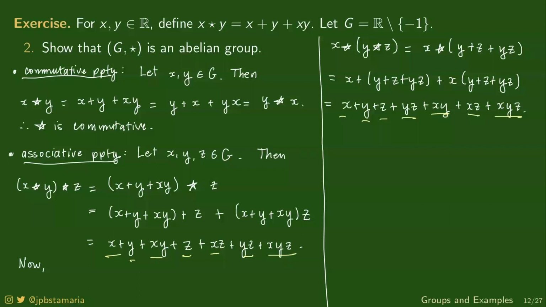So therefore, (x star y) star z equals x star (y star z). Because x, y, and z are arbitrary elements, we can say that star is an associative binary operation. Is associative.